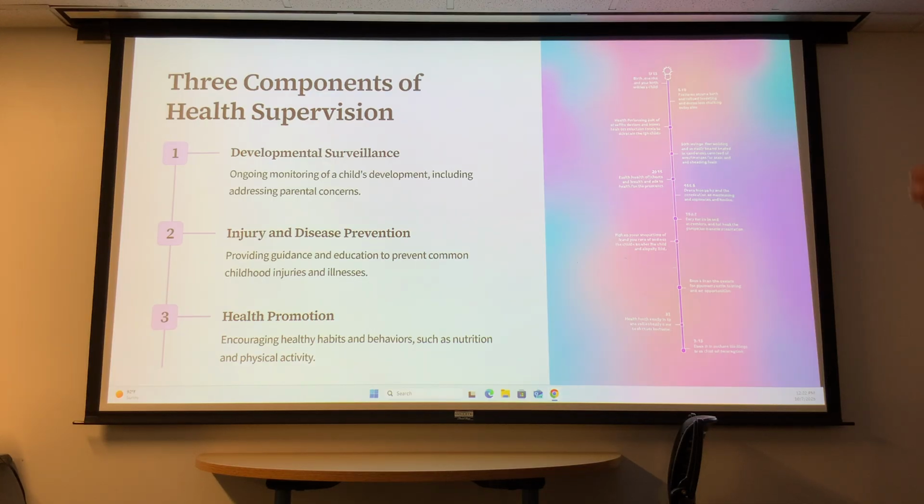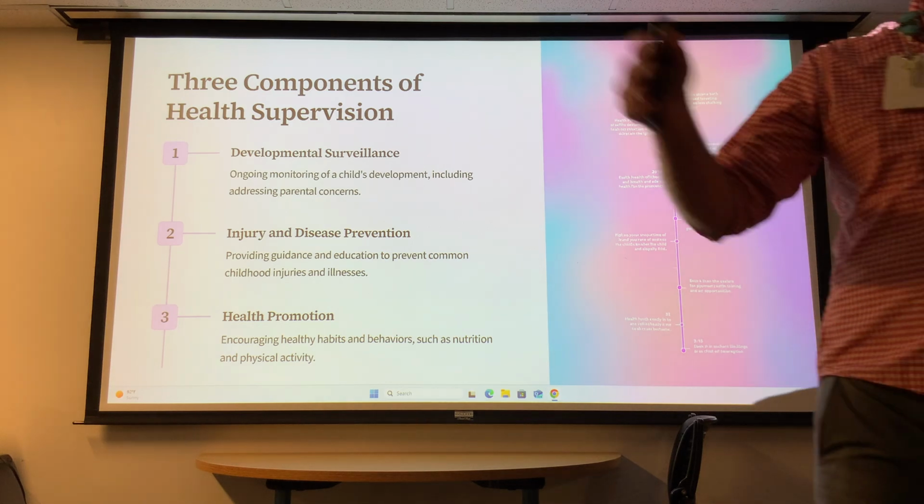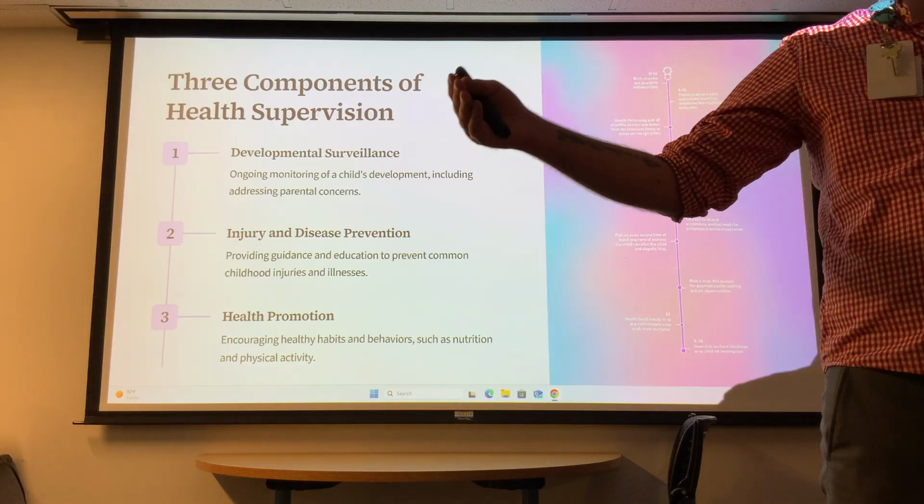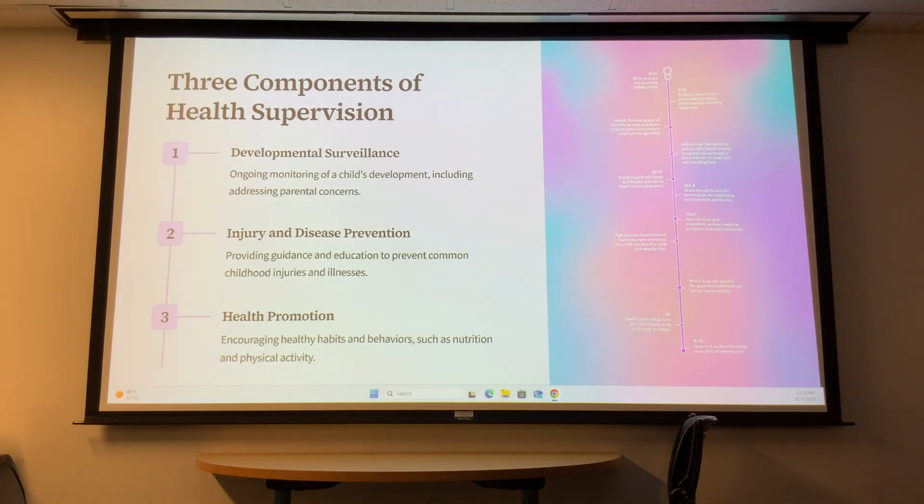And then we're looking at injury and disease prevention, okay? So injury prevention, this is more of your teaching, right? Here's what your child is doing, here's how to protect them, here's what they're going to be doing next and how to protect them in that stage. For infants and toddlers when they start to walk, injury prevention includes what?